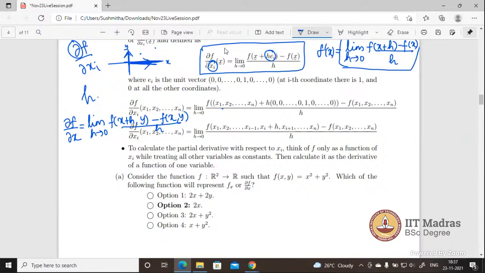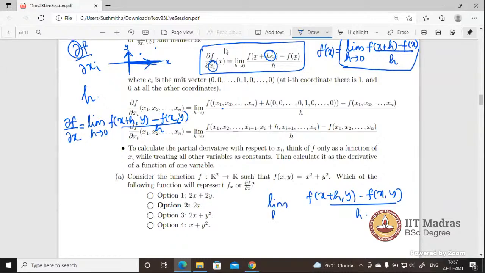So can you think of this as a one variable limit? What do you mean by that? Yeah. So now I have the limit as h tends to 0 of f of x plus h comma y minus f of x comma y, divided by h.